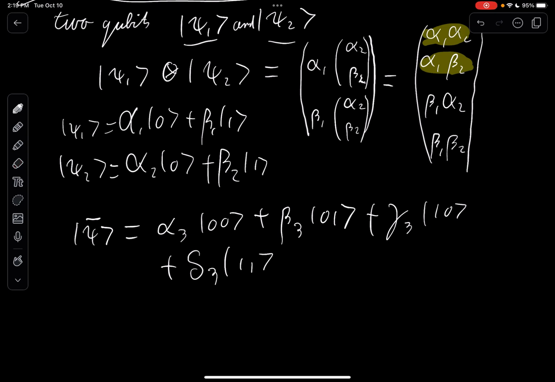Okay, so now our 2-qubit state requires 4 complex parameters to be described.